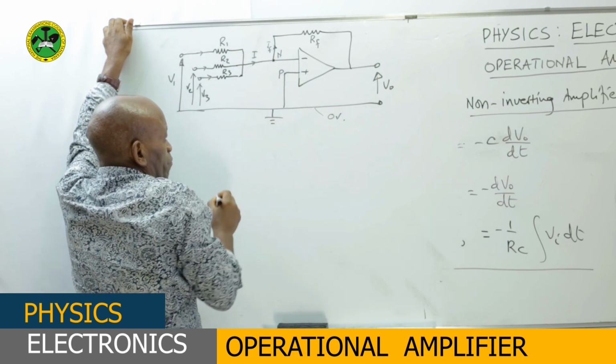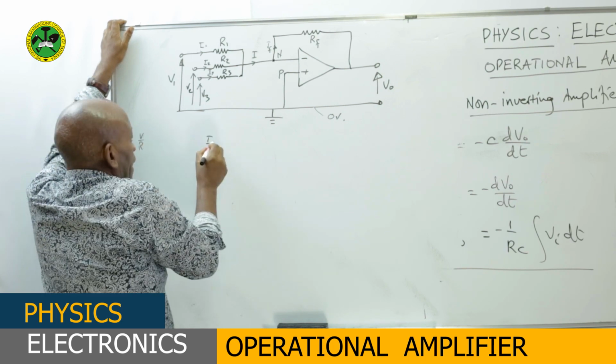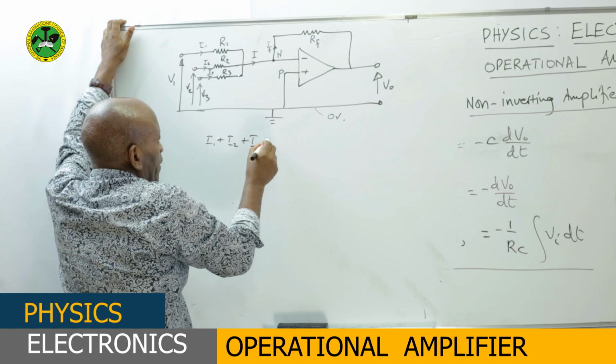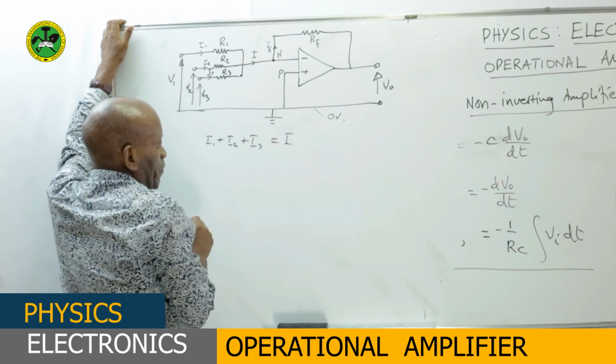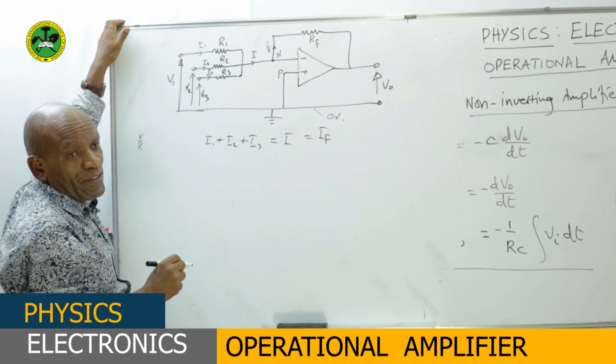So this is IF. Therefore, the current I1 plus the current I2 plus the current I3 is equal to the current I, and this current I will be equal to the current which goes to the feedback resistor.